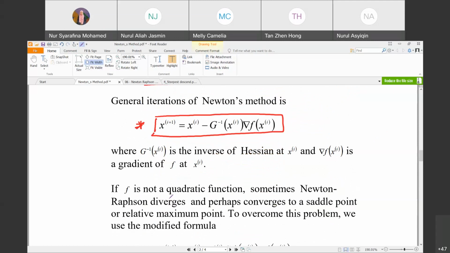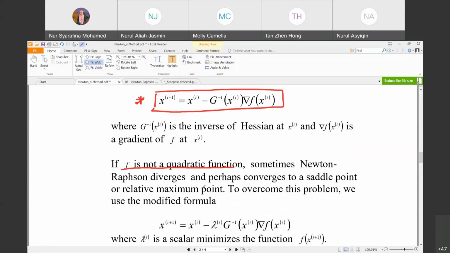But there is an exception if f is not quadratic. Usually Newton's method is used for quadratic functions, because this iterative formula helps a quadratic function reach the solution point faster. But if f is not quadratic, sometimes Newton-Raphson diverges, and perhaps converges to a saddle point, where we cannot find our extremum.